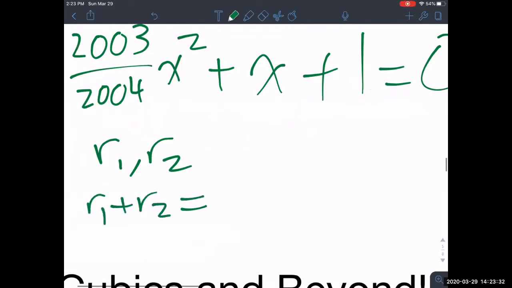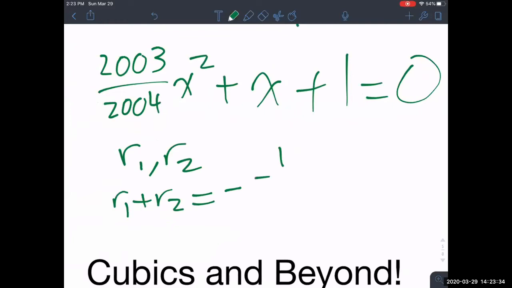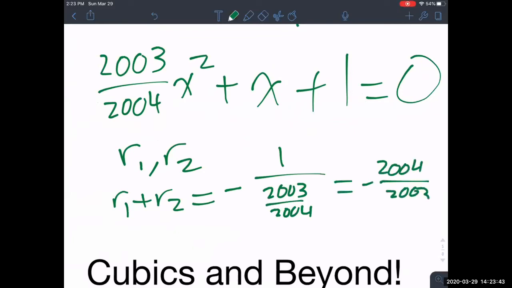So R1 plus R2 is going to be negative 1 over 2003 over 2004, which is negative 2004 over 3. And then R1 times R2 is just going to be that, except positive.